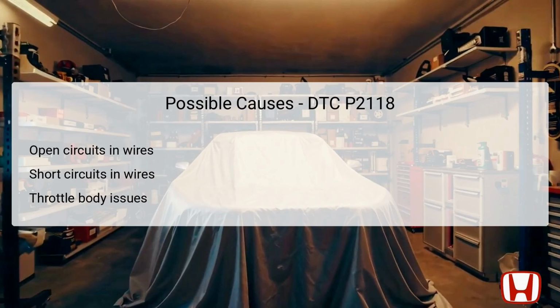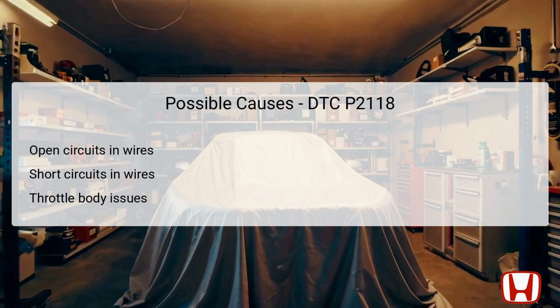Several potential causes may lead to the appearance of DTC P2118. Firstly, there may be open circuits in the wiring harness between the throttle body and the PCM, which can disrupt communication and functionality. Secondly, short circuits between the actuator's wires could also manifest, causing erratic performance and incorrect current readings.